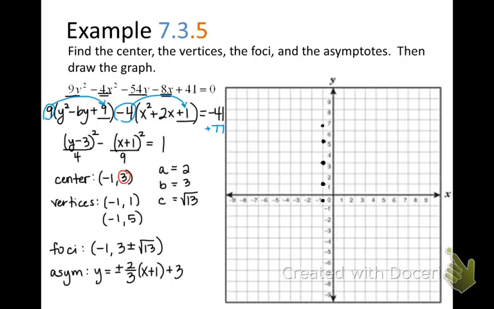And then what else do I have to plot? Asymptotes, which again, you can just count your slope off the center, which is what I'm going to do. So I'm going to rise 2 and then run 3 in both left and right directions, okay? And then I'll draw my 2 lines going through those guys.